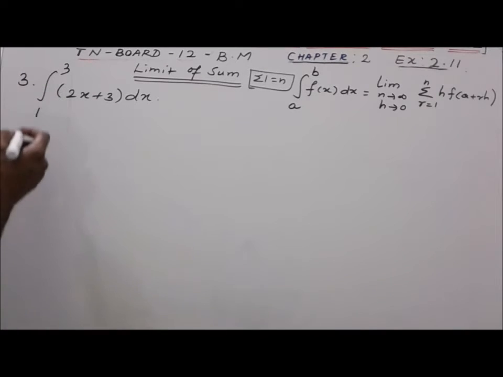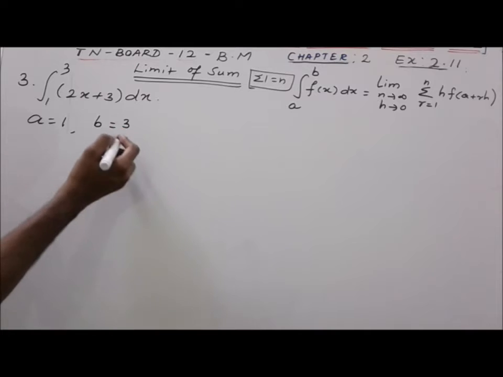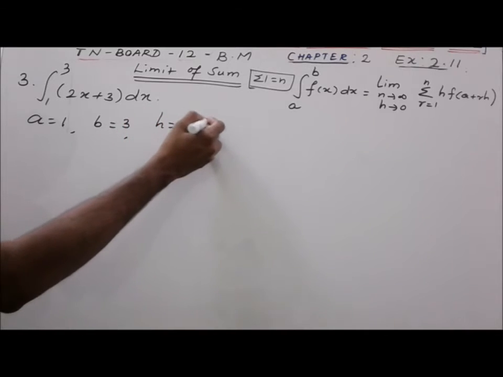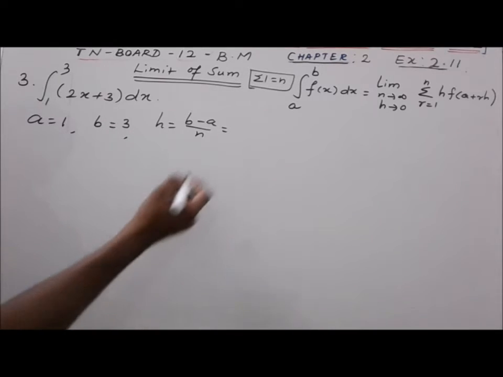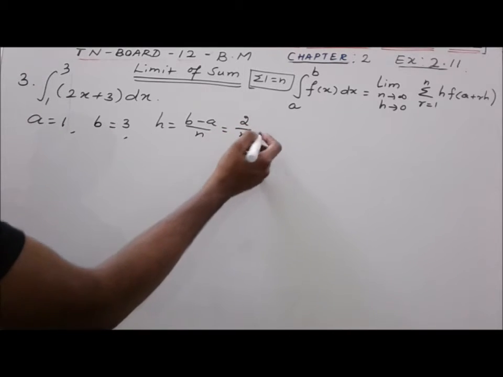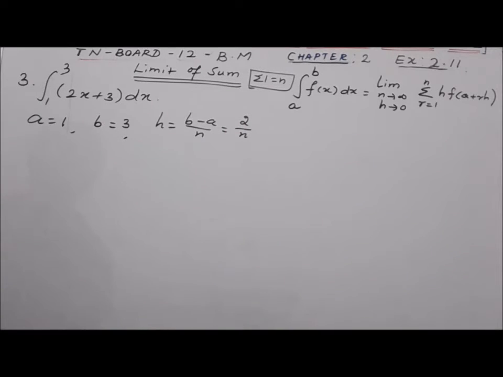Now finding the values: a = 1 is the lower limit, b = 3 is the upper limit, and h = (b − a)/n. Substituting, b − a is 2, so h = 2/n. Here n means the number of divisions, which is unknown, so we just take it as n.